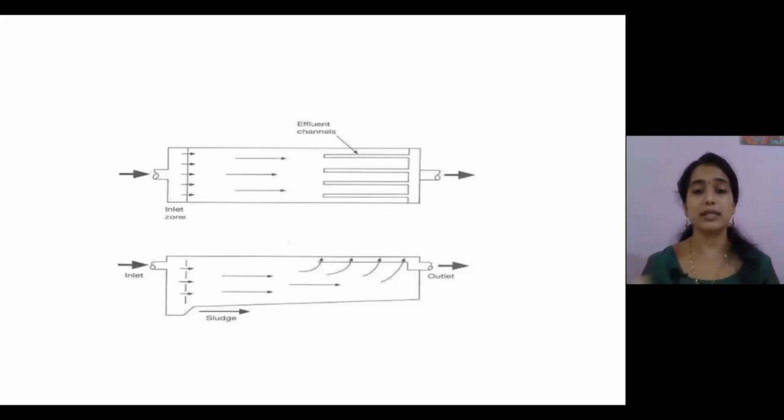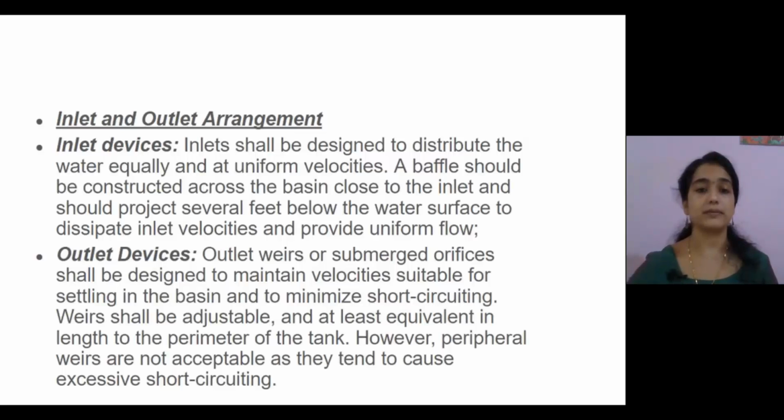Due to this decrease in velocity, the particles will settle down. The second figure is the sectional view of a rectangular tank, in which a small slope is given to collect the sludge, and sludge scrapers are also used for collecting the sludge. After settling, the cleaned water is collected through the outlet.